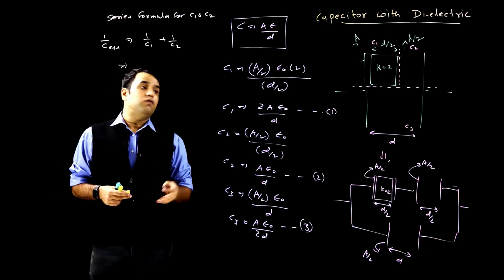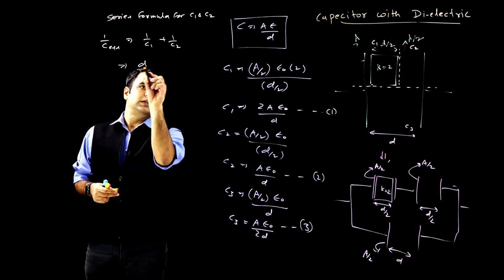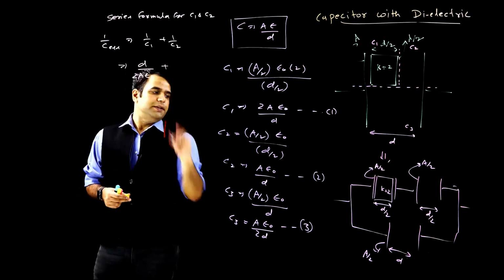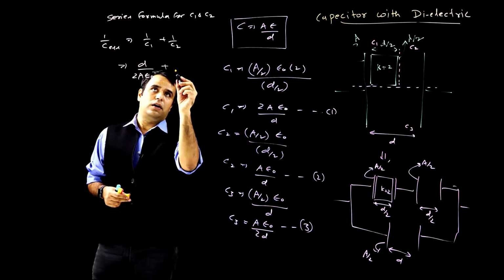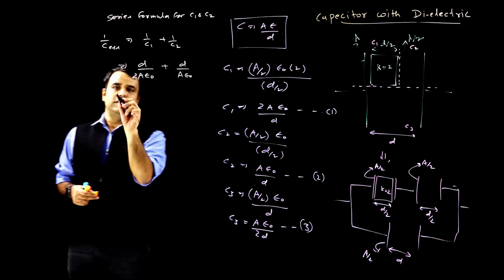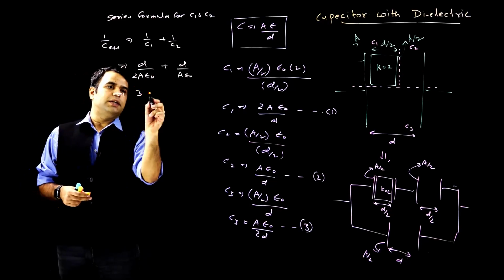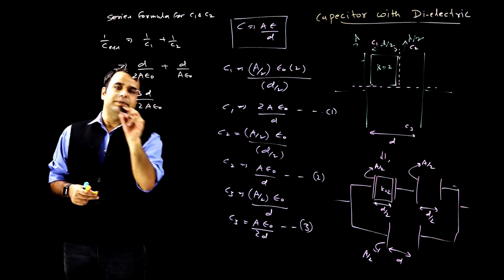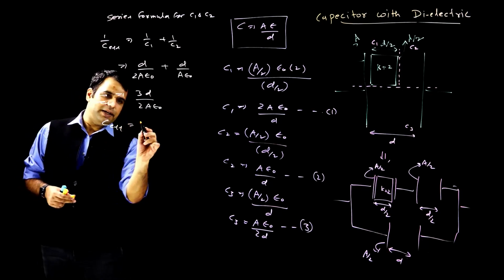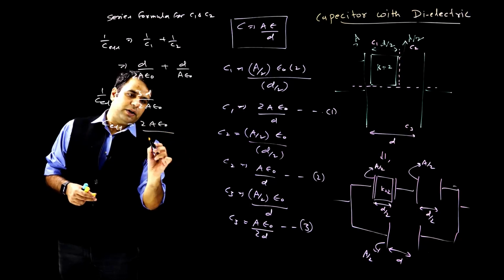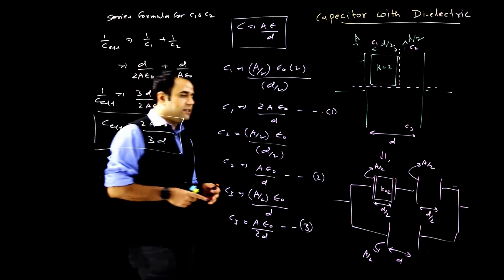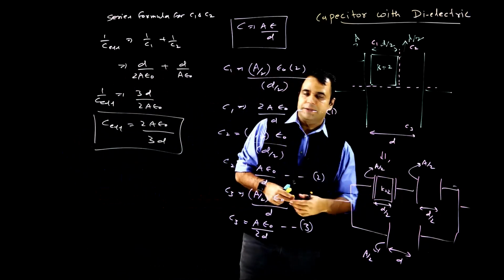So 1 upon C1 will become d by 2A epsilon naught. Then 1 upon C2 will be d upon A epsilon naught. And the value here will become 3d upon 2A epsilon naught. This is 1 upon C effective. So C effective will be 2A epsilon naught upon 3d. This is the effective capacitance of these two capacitors.